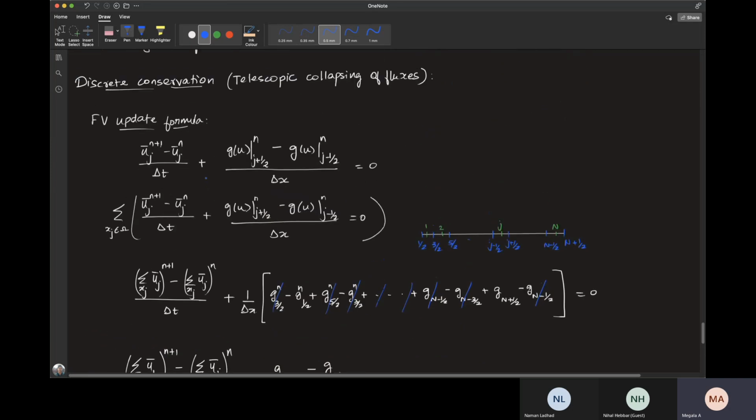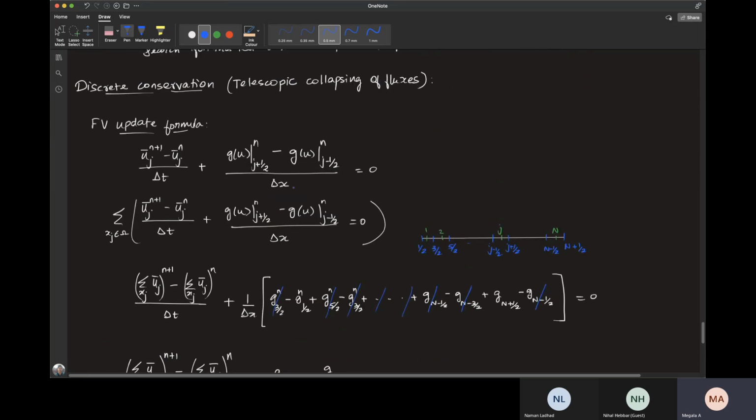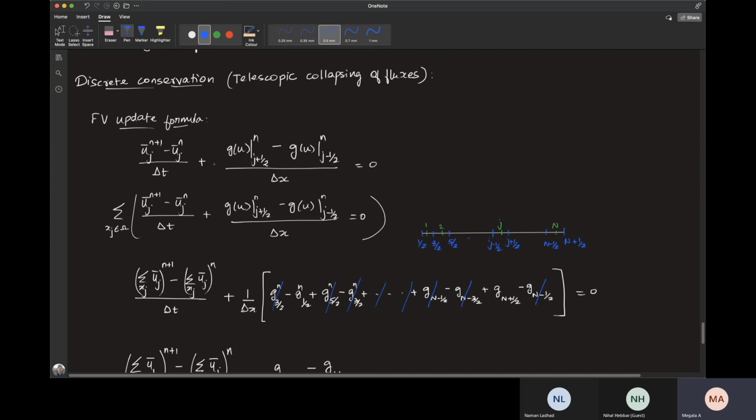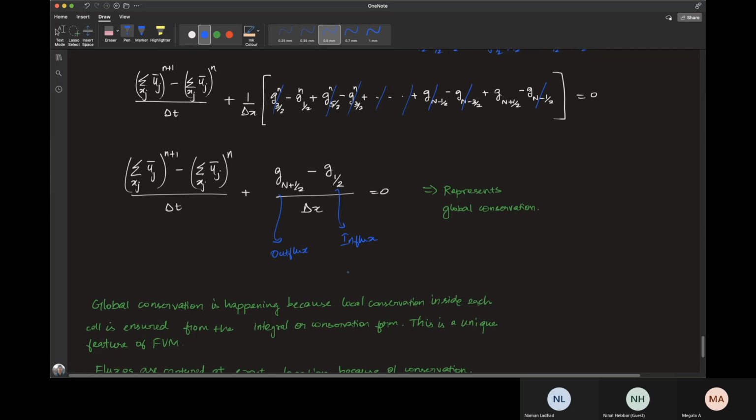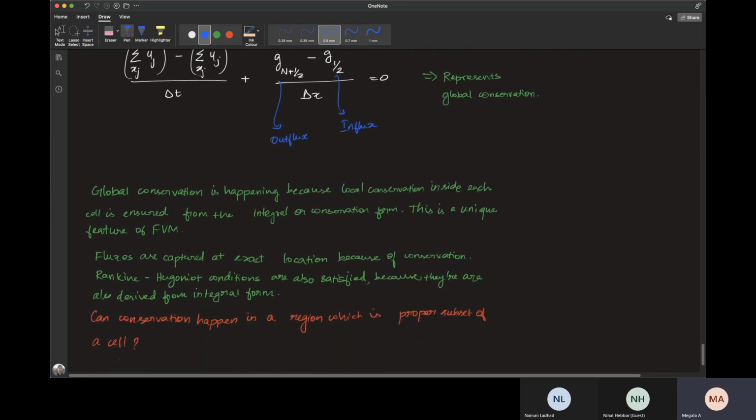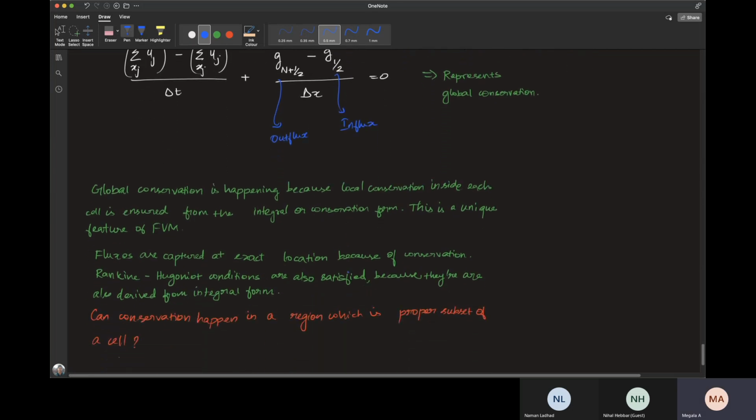So the earlier equation represented local conservation inside each cell, whereas this equation now represents global conservation. Global conservation is happening because local conservation is ensured in each cell by using this integral or conservation form.